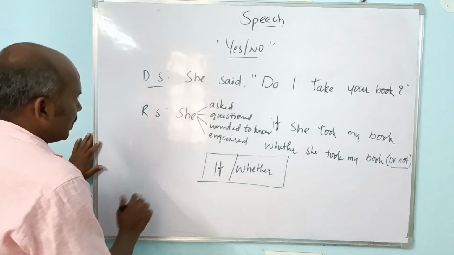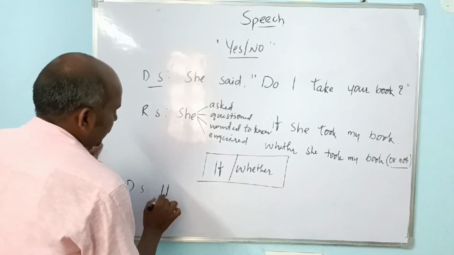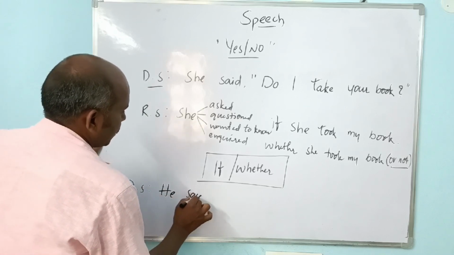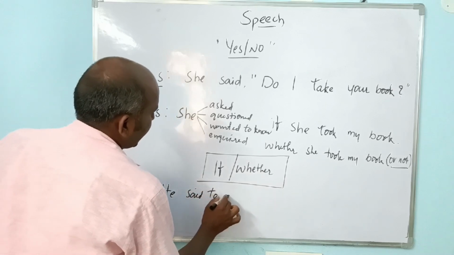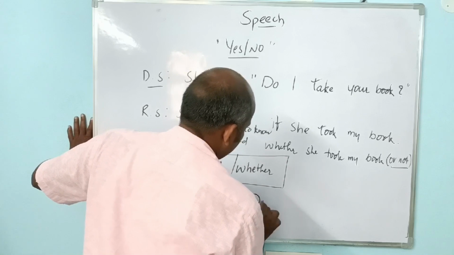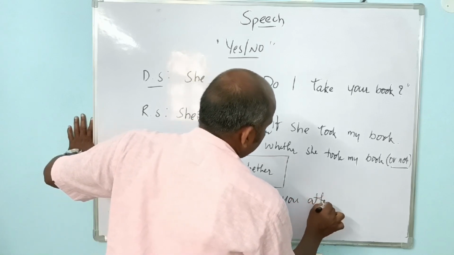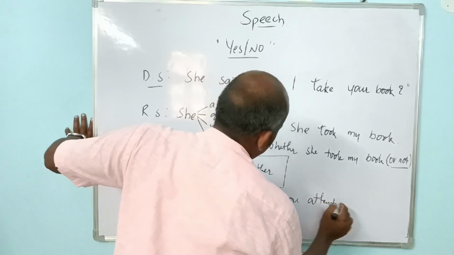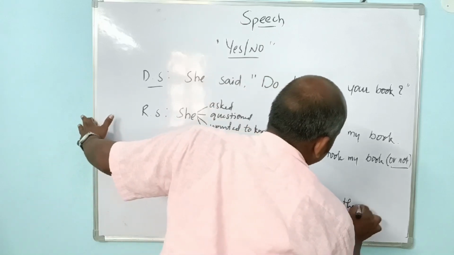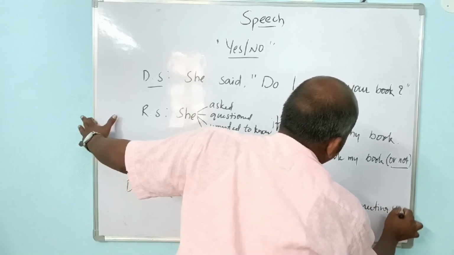And we'll go to a simple past tense one. Direct speech: He said to me, "Did you attend the meeting yesterday?"